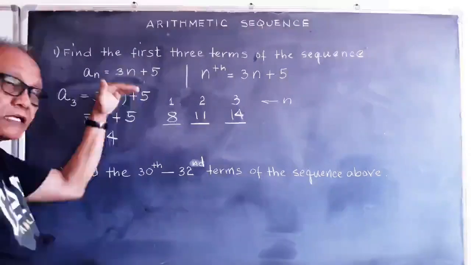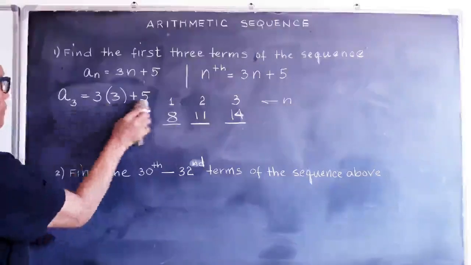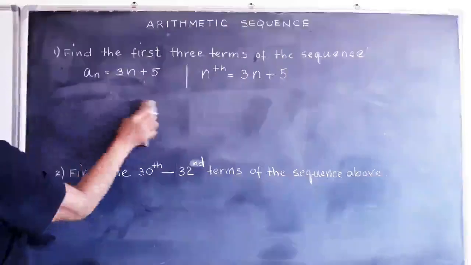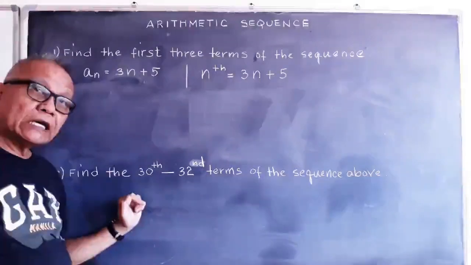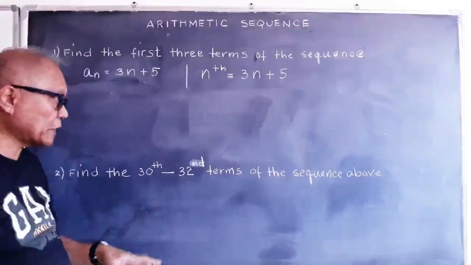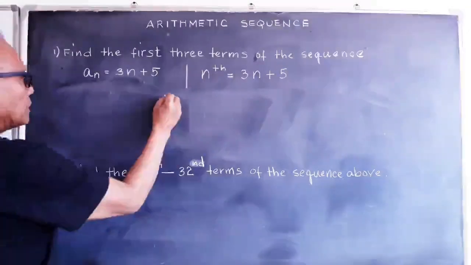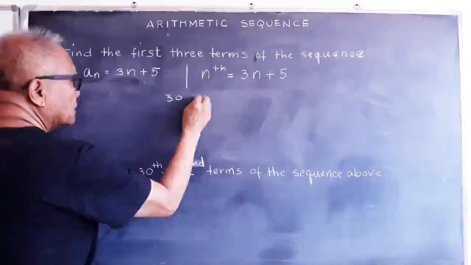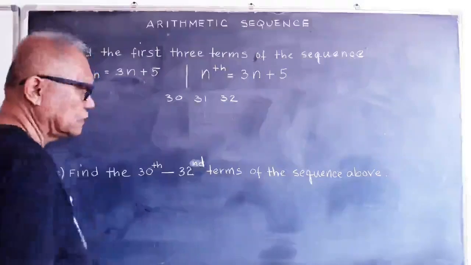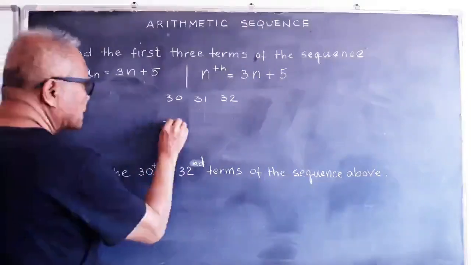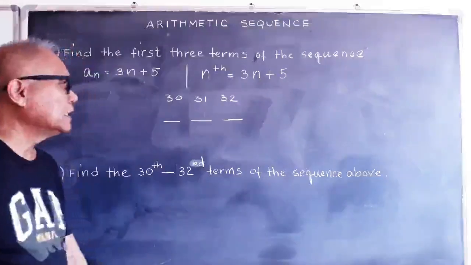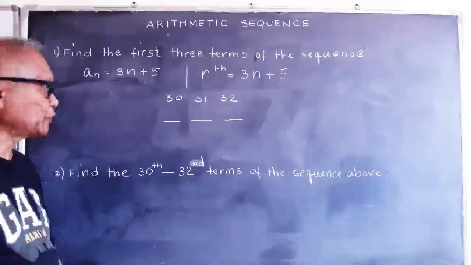Okay, I'm going to erase the upper part, class, but the formula is still this one. This one is the formula for this. So here we have the 30th, 31st, and the 32nd terms. So what is this number here? What is this number here? And what is then the 32nd term?